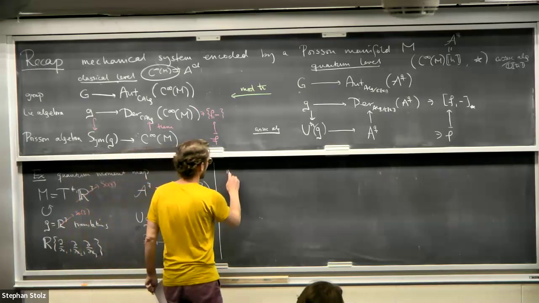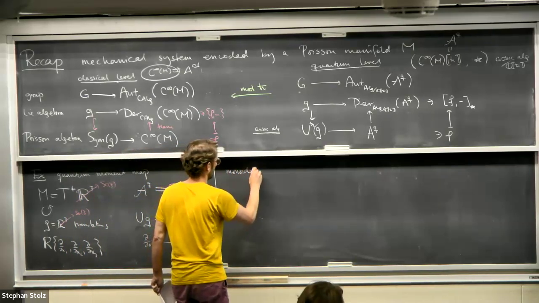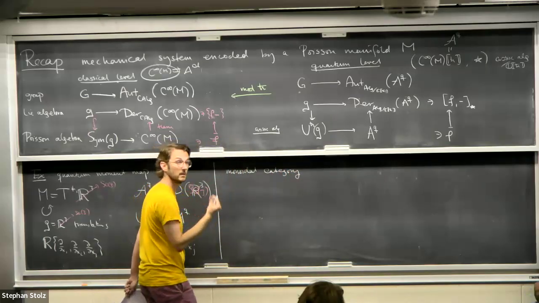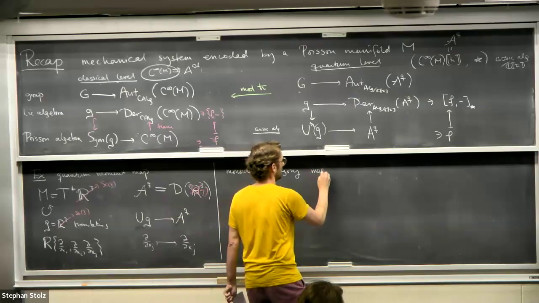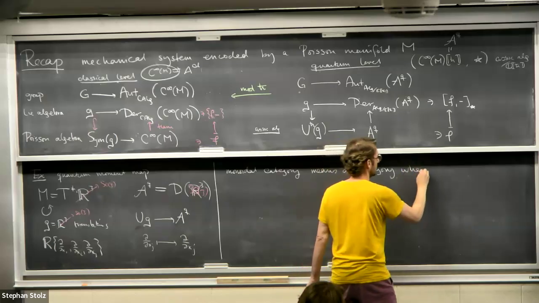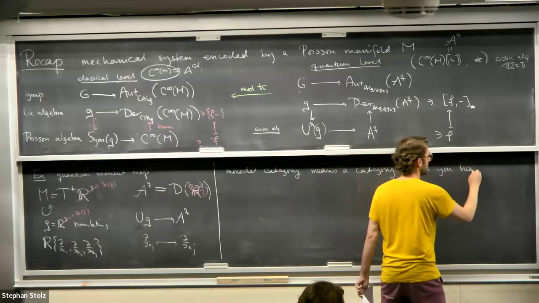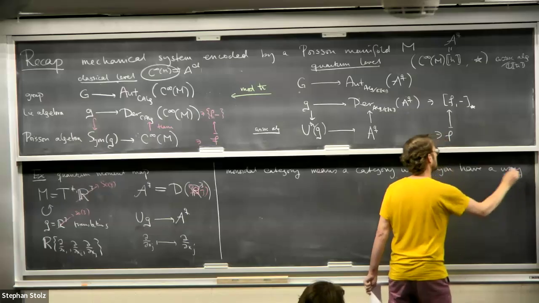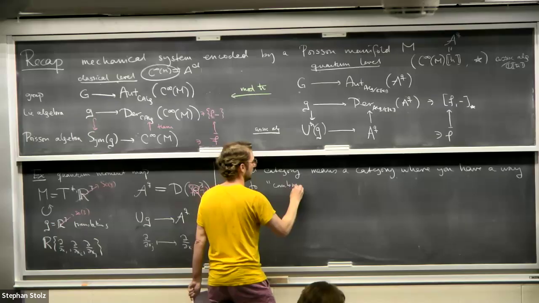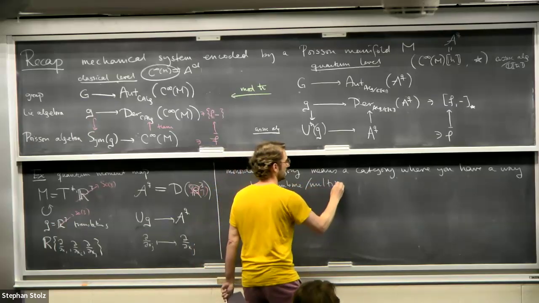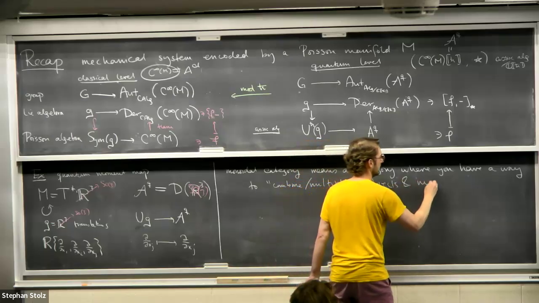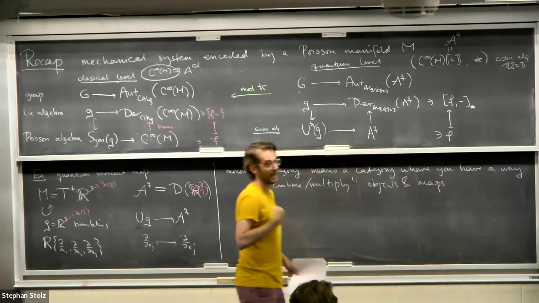So a monoidal category. Notice the word monoid here, some kind of multiplication. It means a category where you have a way to maybe combine or multiply objects and maps in the category.